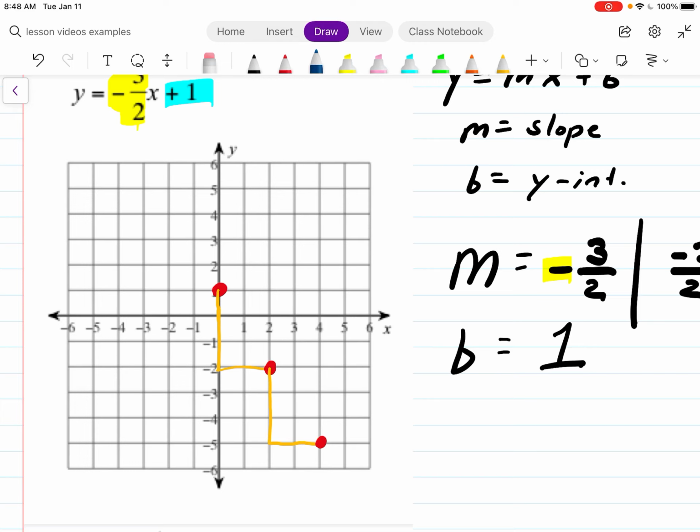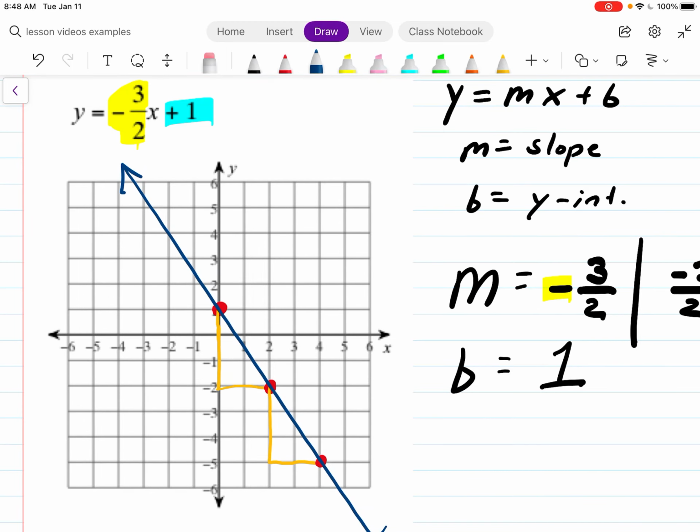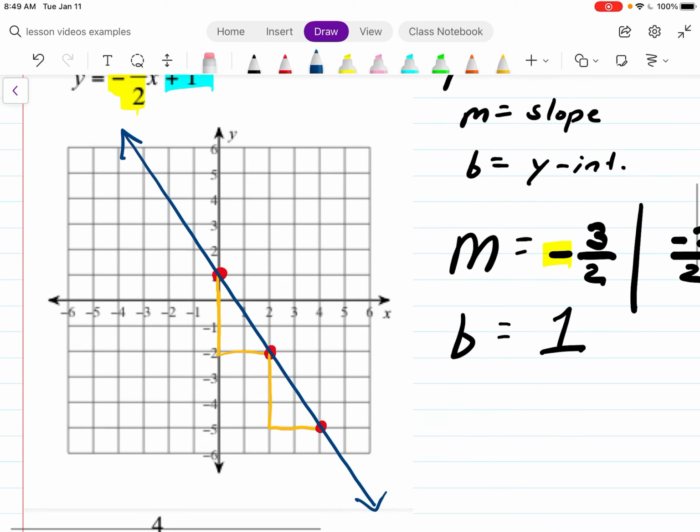If you just connect those points all the way across the graph, put our arrows, you would see that we have a negative sloped line when you travel from left to right with a y-intercept of 1 and a slope of negative 3 over 2. So if you know that your slope is negative, you know that it's going to travel down from left to right. If it goes up as you travel from left to right, you may have done something wrong. Just double check your work, double check your slope.